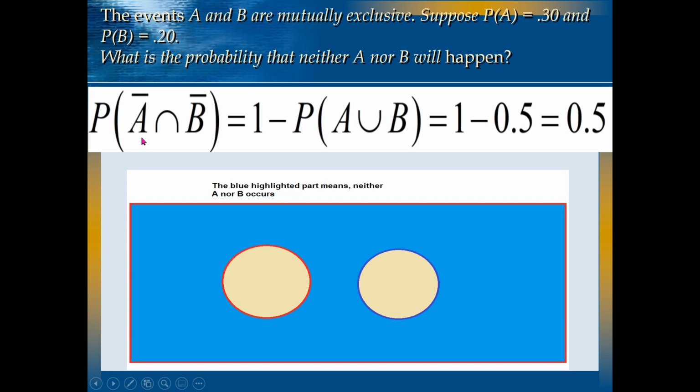So to find the probability that none of them occur, I can find the probability that one of them occurs, which we just found in the last slide, and subtract it from 1. That gives the probability that neither A occurs nor B occurs, because it is 1 minus the probability of the opposite. What is the opposite? At least one of them occurs. So 1 minus probability of A union B, and the answer is again 0.5.